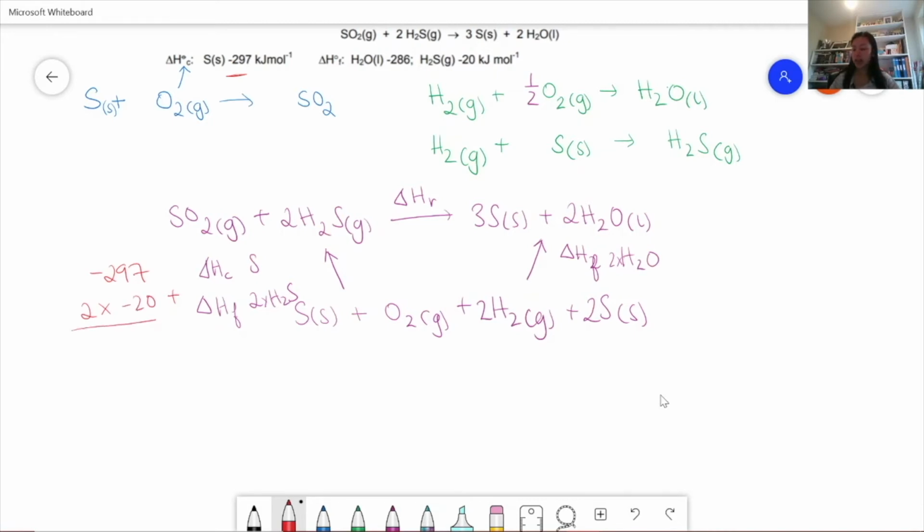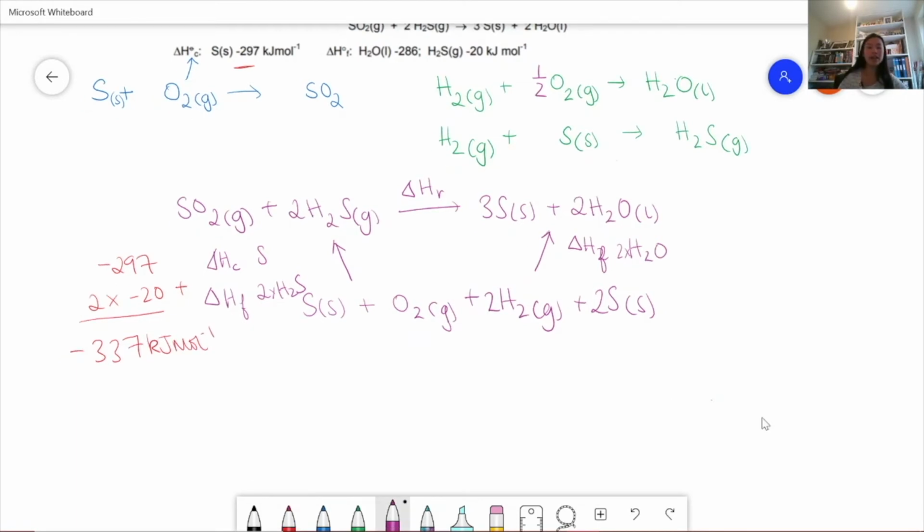And this turns out to be minus 337 kilojoules per mole. And now we work out this enthalpy of formation of the two waters. So we would do 2 times, and 1 water is minus 286. So we do 2 times this, and this equals minus 572 kilojoules per mole.